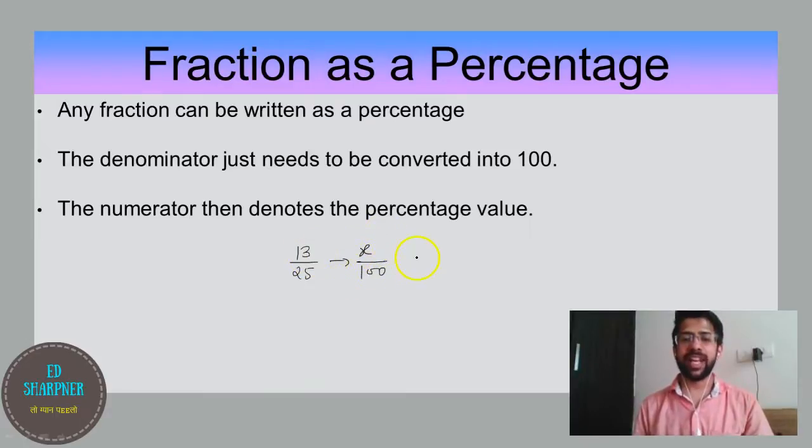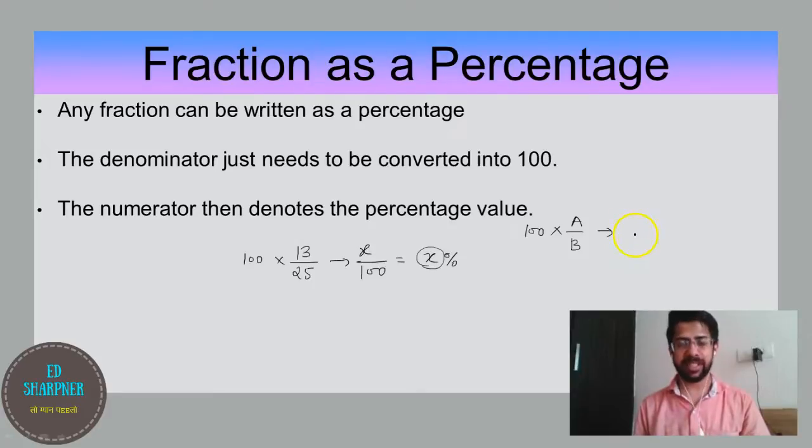So now to find x, we just need to multiply the given fraction by 100 so that we get x, and then we can represent this x as x%. Now to get this x, every time whenever you are given something like this, and if you want to convert this into percentage, you just need to multiply this fraction by 100. So this is a very simple method to convert any fraction as a percentage.